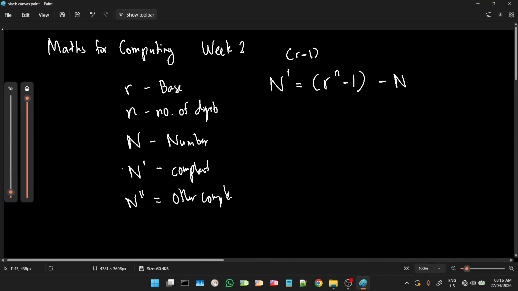Essentially what this does is it creates a max value, right? Now for binary, the max value is always 1, so for any number that you have, you're just going to subtract from 1 1 1 1 1, right?